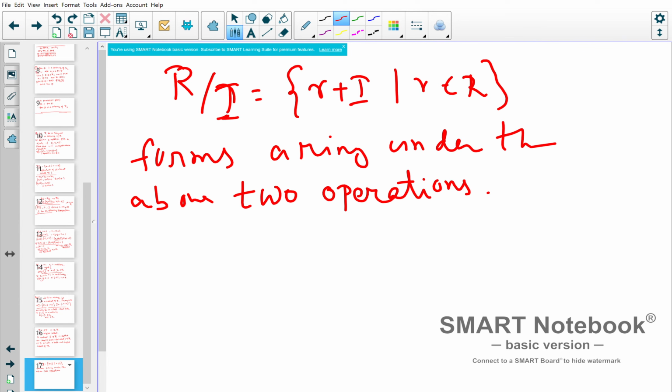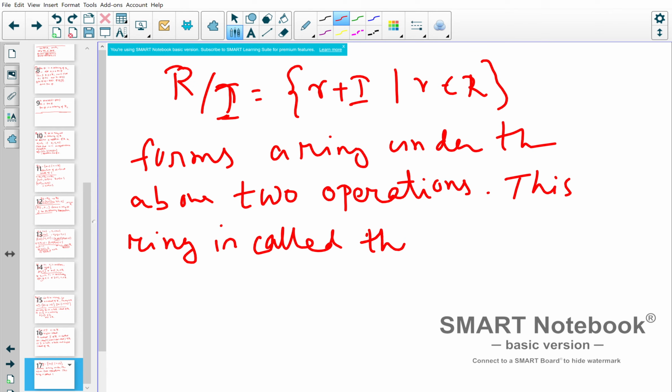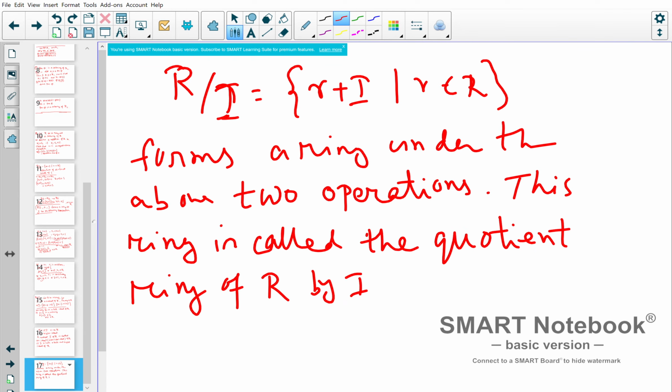And this ring is called the quotient ring of R by I. Okay, so you understood what a quotient ring is? Yeah, okay. And so this is a simple observation.